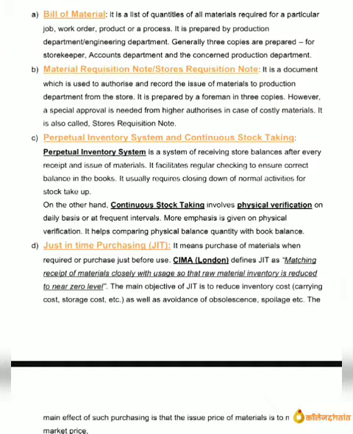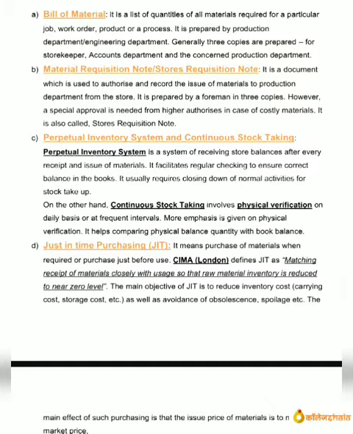Now, one copy is to be given to the storekeeper, and the storekeeper will be in a position to state what materials are needed after giving due consideration to materials which are already in store. And the difference items are to be procured by the purchase department.